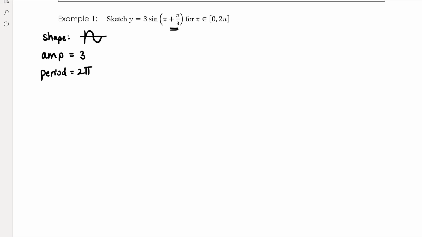And then we've also got this plus pi on 3 in here, so our graph has translated, plus means to the left by pi on 3 units. Now you'll remember in the previous video we talked about scaling our x-axis. This is really important for accuracy of your graph.